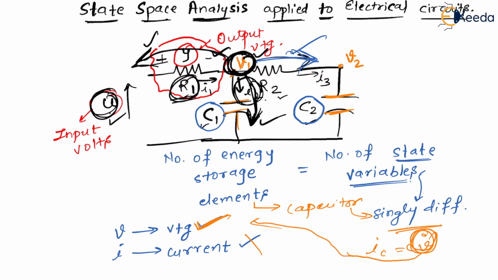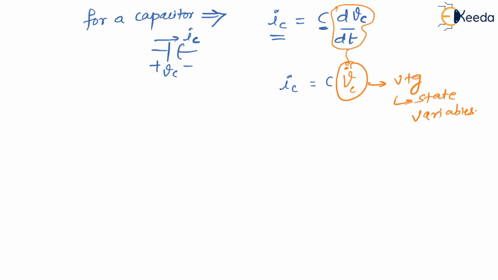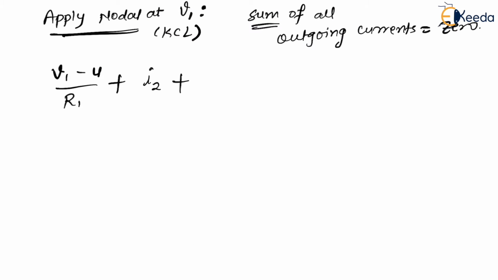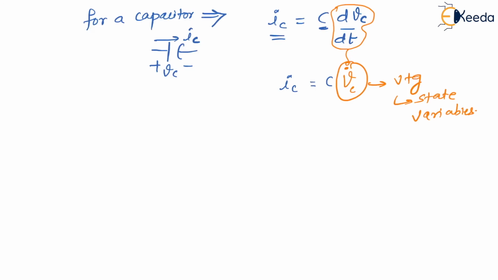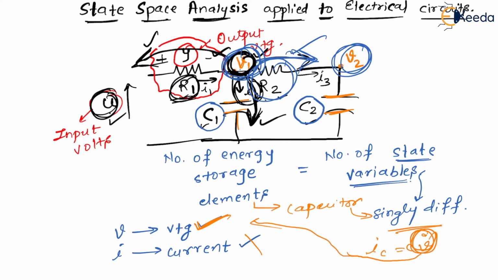This current is going to be V1 minus V2 divided by this resistance R2. So plus V1 minus V2 divided by R2, and this is going to be equal to 0.